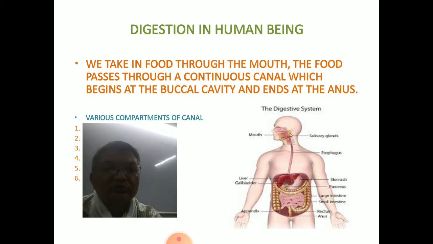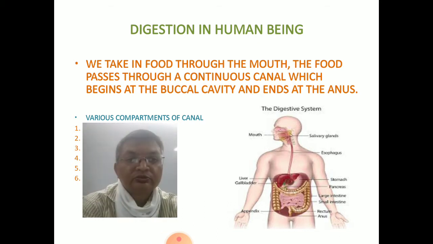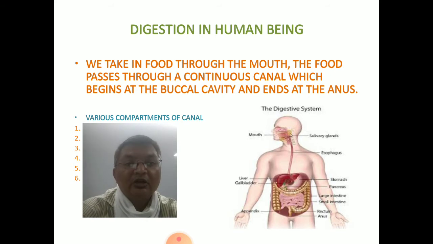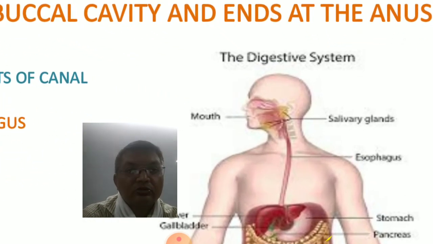In the mouth, that is the buccal cavity, there are teeth and tongue, then a long pipe, which we call the food pipe or esophagus, then the stomach, then small intestine, then large intestine, and finally the anus. There are also two supporting glands in human digestion, that is the liver and pancreas. So this diagram you have to remember.